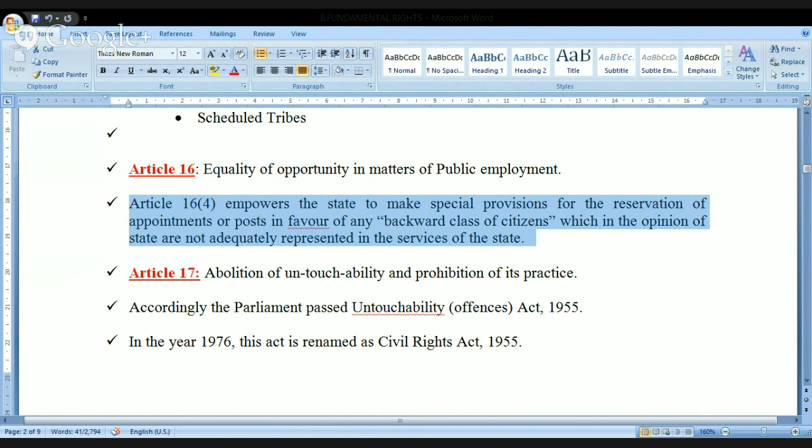What do you mean by this? Kindly remember this one. When I'm using the word equality of opportunity in public employment, all the people who are appearing for the employment opportunities should be given equal priority.